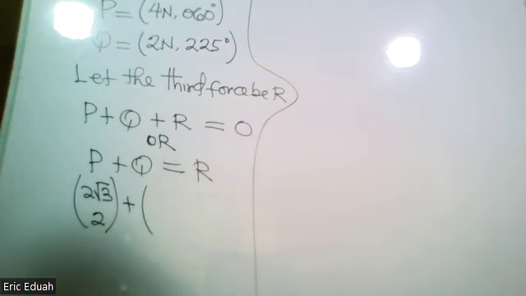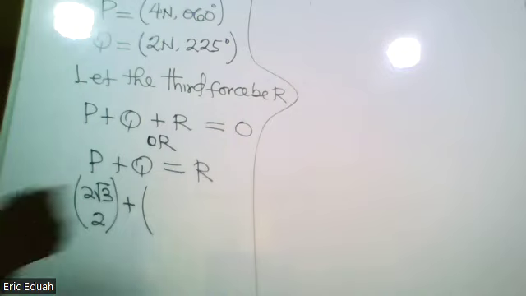Roots 3 and 1. Come again. Roots 3 and 1. Component of Q. Check again. Recheck. Negative root 2 and negative root 2. That is right.